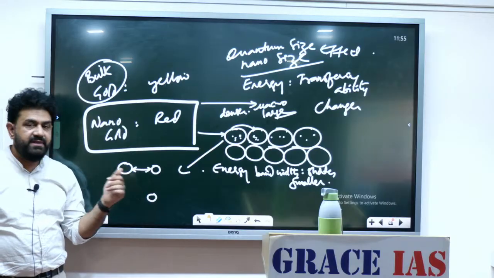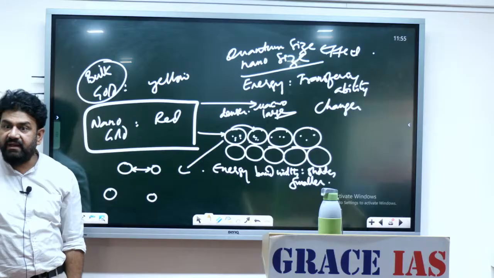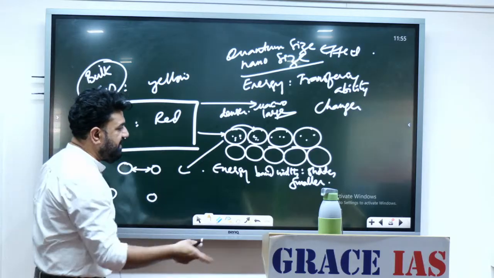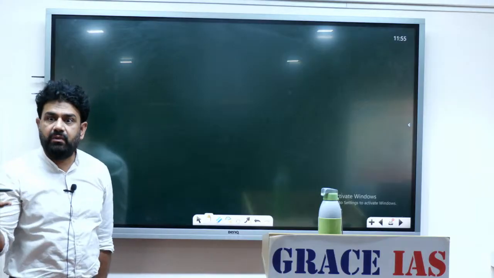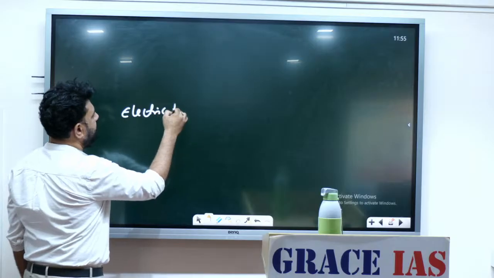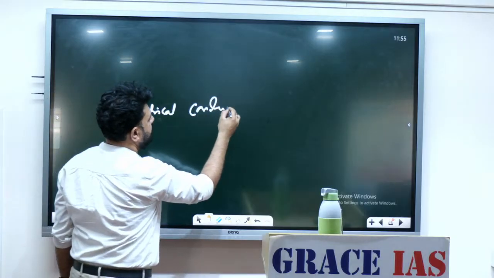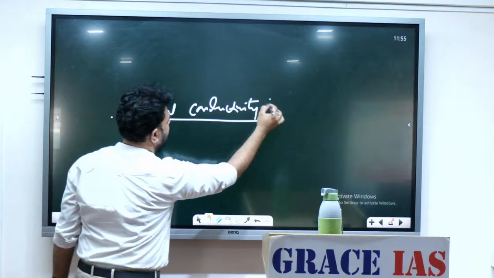This indicates the strength of nano-sized materials. They will have greater strength and they will conduct more energy. More energy means efficient energy transfer without any loss of energy. So what? That means electrical conductivity is greater.